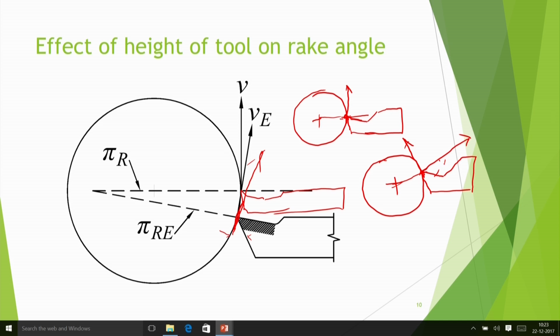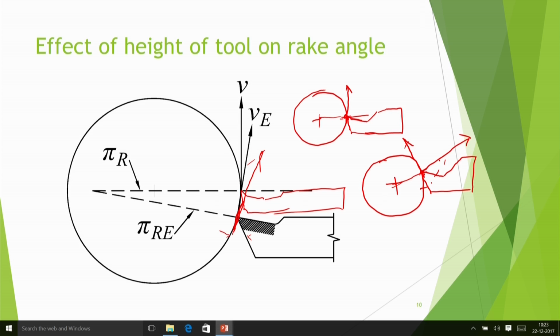So effectively the rake angle has increased if you mount it up, but more rubbing may occur because the relief angle has decreased. So if you move a cutting tool in the lathe above the center, then the positive rake angle increases, but the relief angle decreases. And if you move the tool downward, then the rake angle decreases, but the relief angle increases.